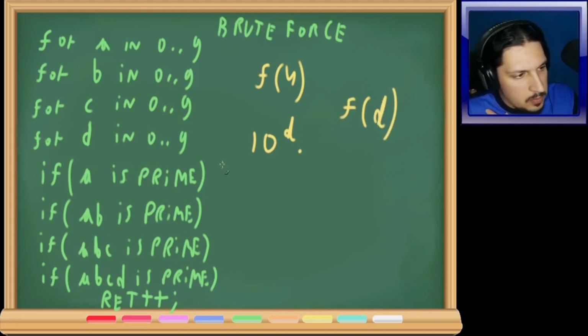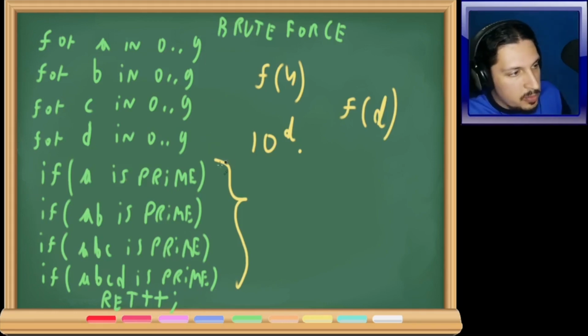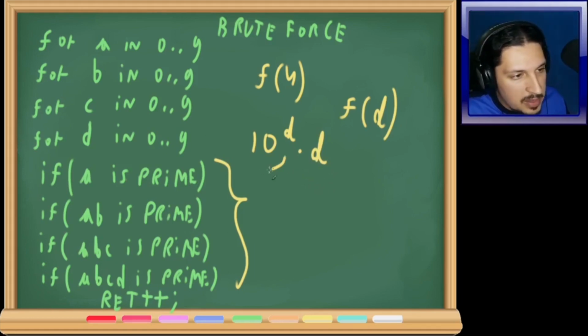Probably even more, because for each of those possibilities we have to make all of these checks, and the number of checks grows with the number of digits. But 10 to the power of d is the main huge part. So to compute f of 4 would take like 10,000 steps. Clearly that is too much.